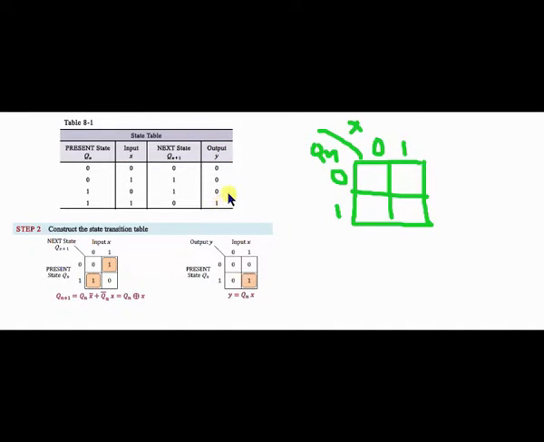If you see in the output row, there is only one 1 here, for present state 1 and input 1. The rest of the output is 0. So the output will be y equals Qn x.